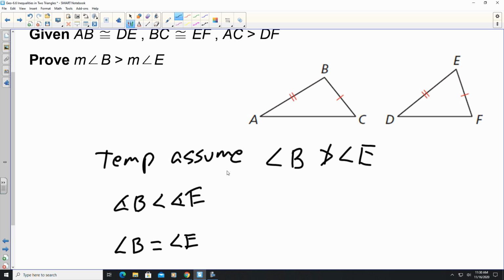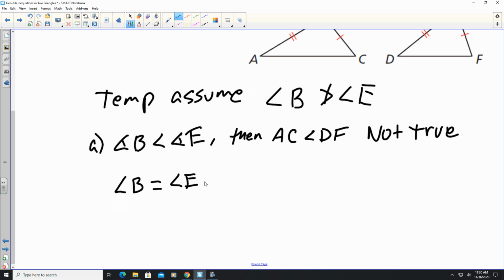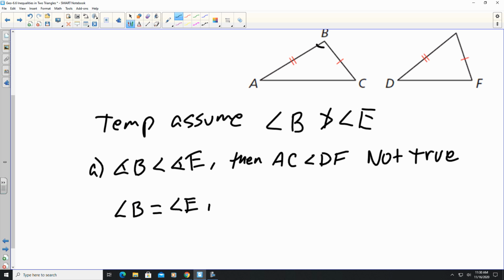So if we go with the first assumption, less than, then we'd have to say that AC would be less than DF, which we know is not true. So that won't work.